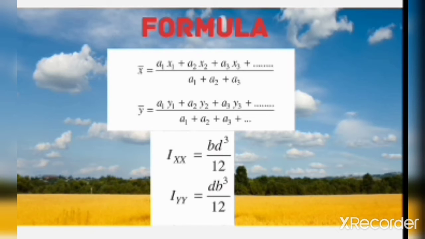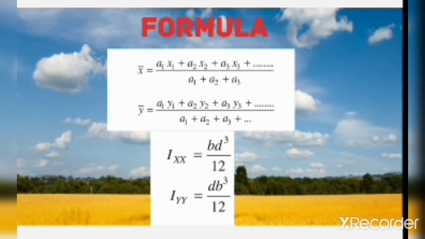Here we have to find the centroid, x bar and y bar. Then after finding the centroid, we have to move to moment of inertia. In this question, three figures are given, three rectangles. So to find the moment of inertia about I_XX, we use the formula b d cube by 12.